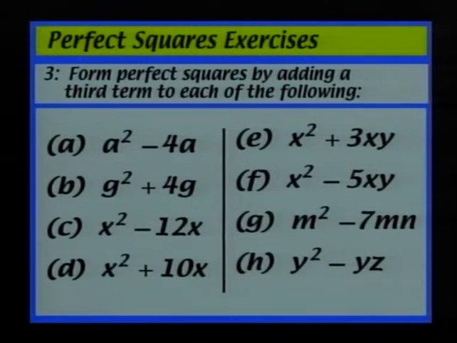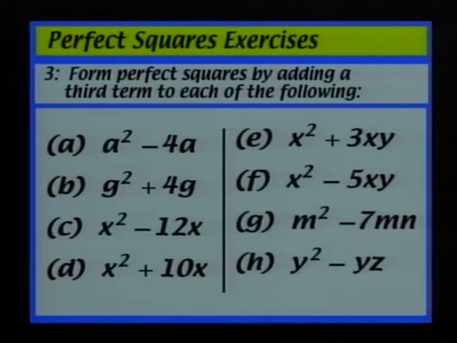Okay, m squared minus 7mn plus 12 and 1/4 n squared, or you can also have 49 on 4 n squared. Because it's 7 on 2, half of 7.